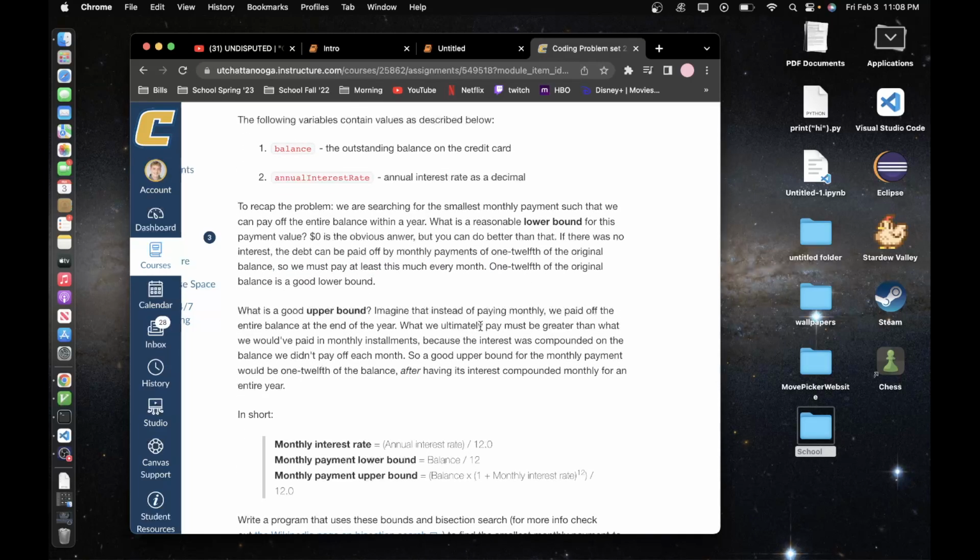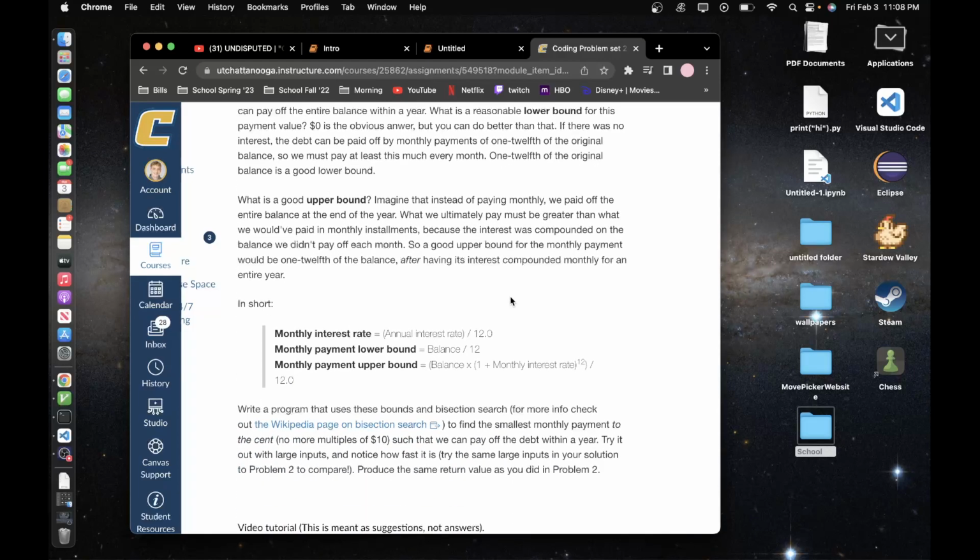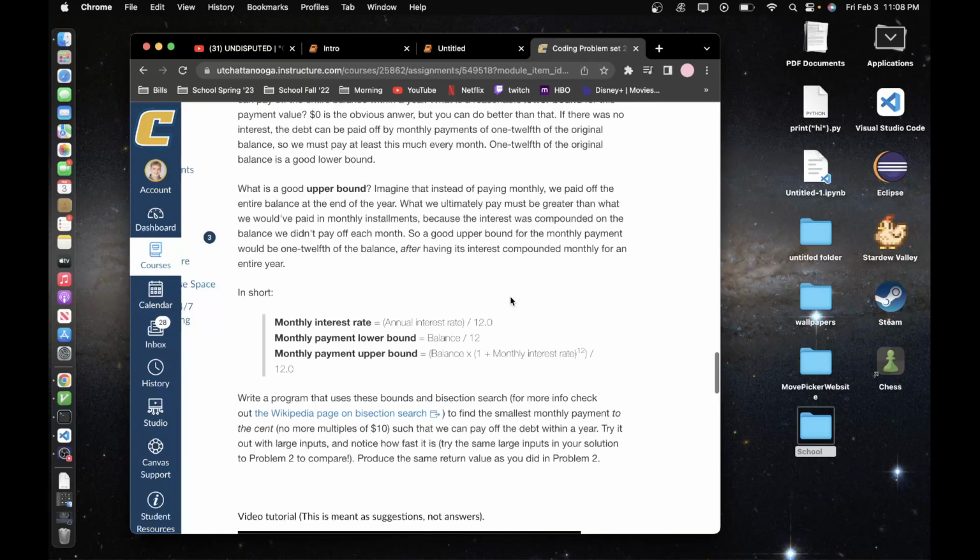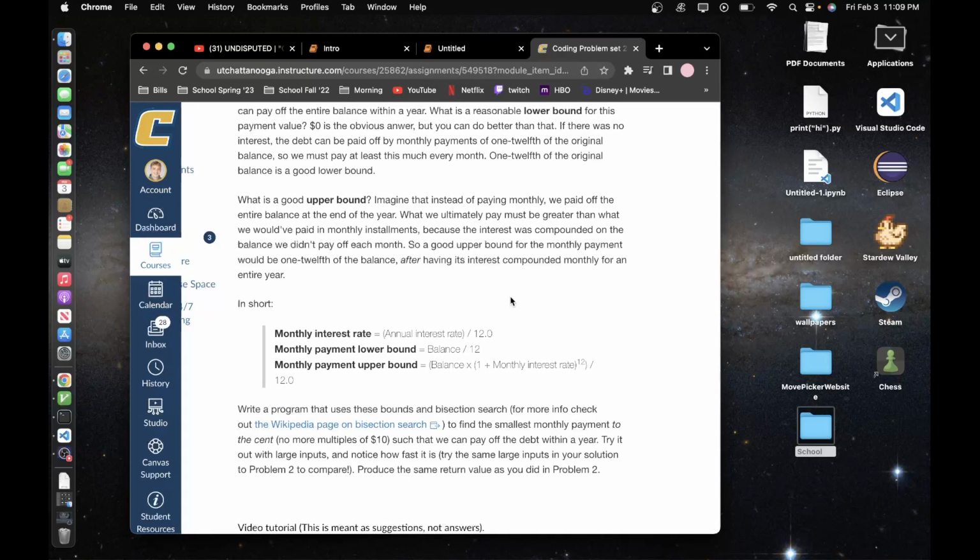For the upper bound, imagine that instead of no interest, you paid off the entire balance. It would be 1/12 of the balance after having its interest compounded monthly for an entire year.